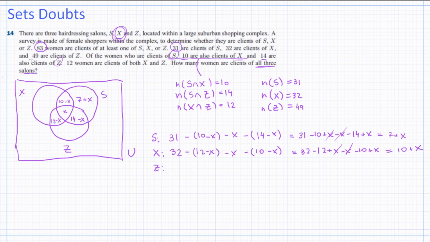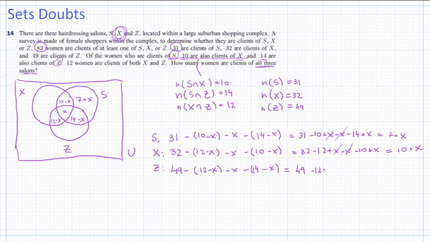And our last set, and we're getting to the end of the question, we can do the same thing, but the total now was 49. So 49 minus, and then we'll have to subtract those guys here. So 12 minus x minus 14 minus x equal to 49, and now we expand.